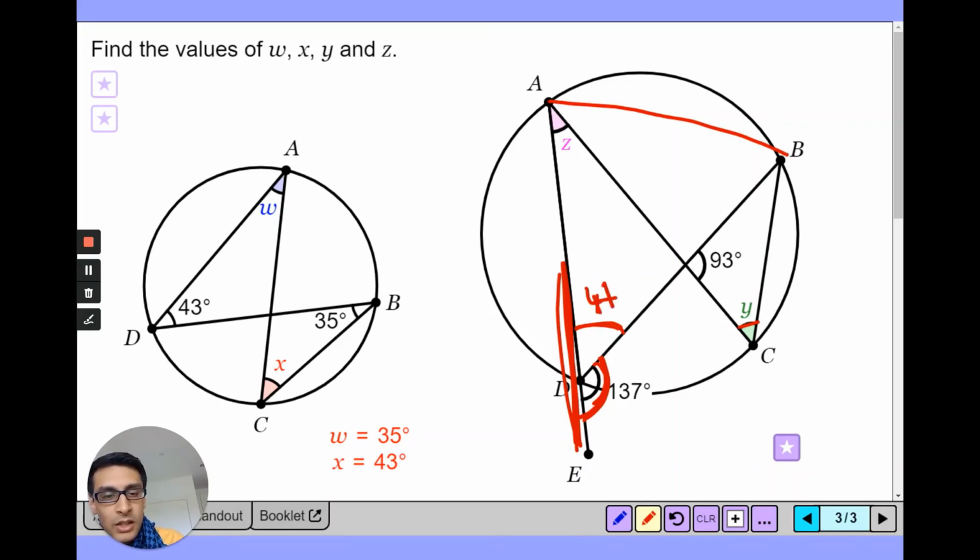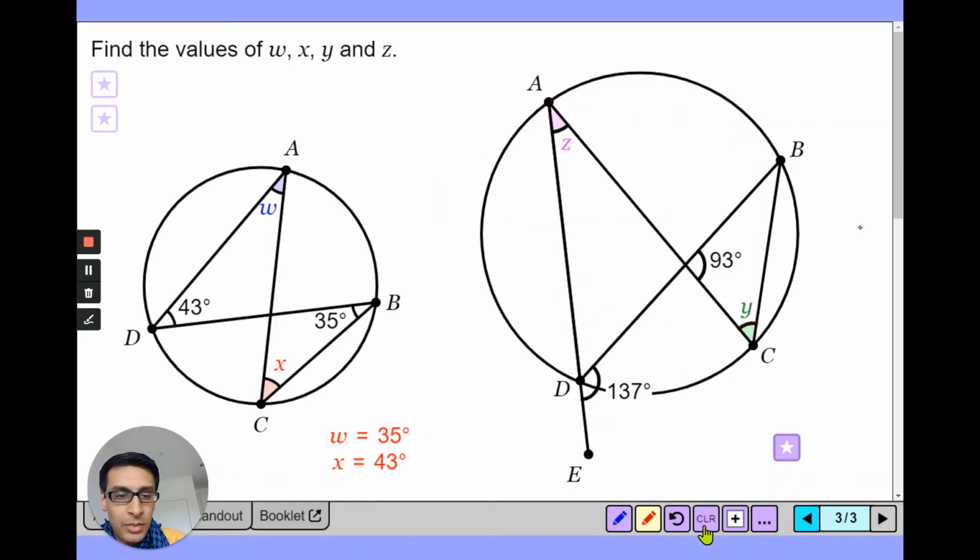So that's 43. That's a bit messy, I'm going to clear this all up. So let's just say that's 43.